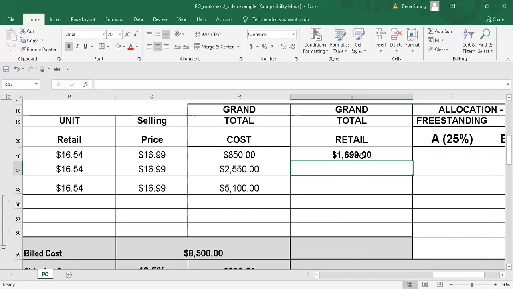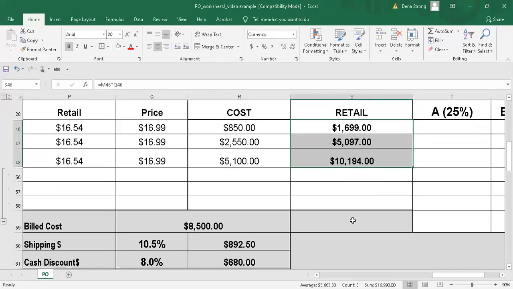So the retail value of the checkered hoodie is $1,699. And again, with the first formula, we can go ahead and drag down. So the retail value of the red hoodie is $5,097, and the retail value of the black is $10,194.